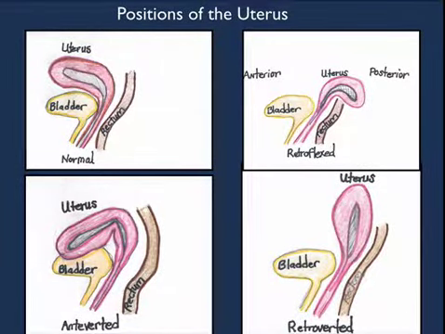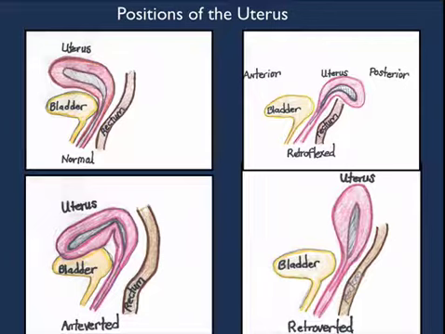In terms of positioning of the uterus, most women, 85%, have a uterus which is anteroverted and anteroflexed. So the normal position of the uterus would be to fold over the bladder anterior, and there would be a concave structure between the cervix and the bladder.